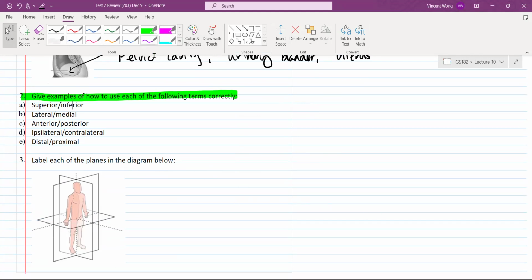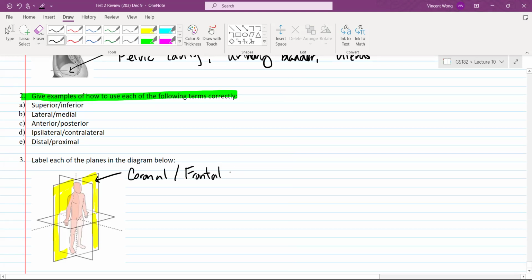All right, very quickly here, last one. The yellow plane right here, that's the one that will cut the body into anterior and posterior portions. We call that the coronal or frontal plane.